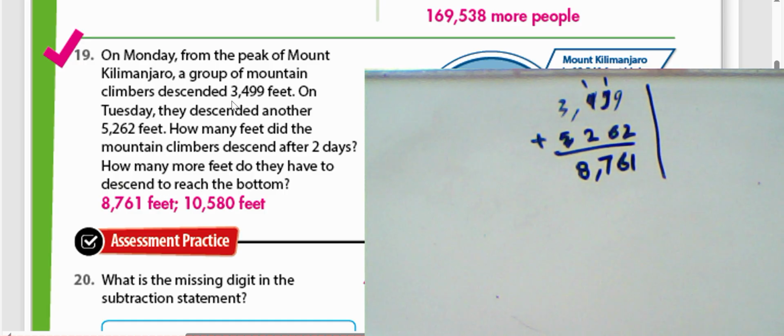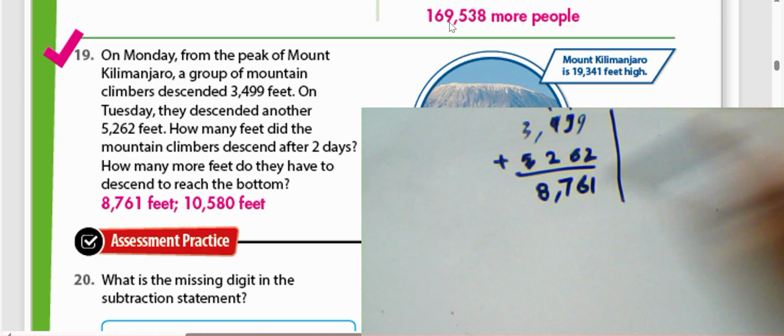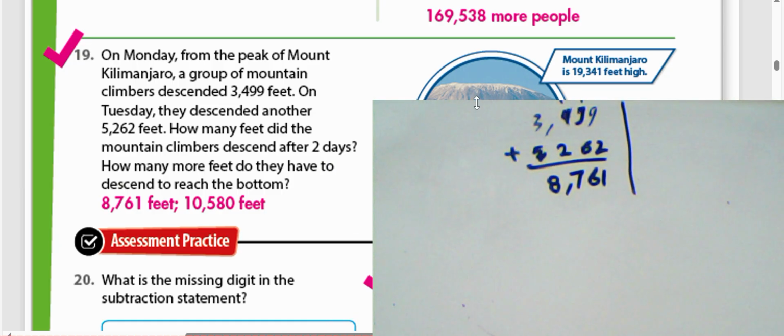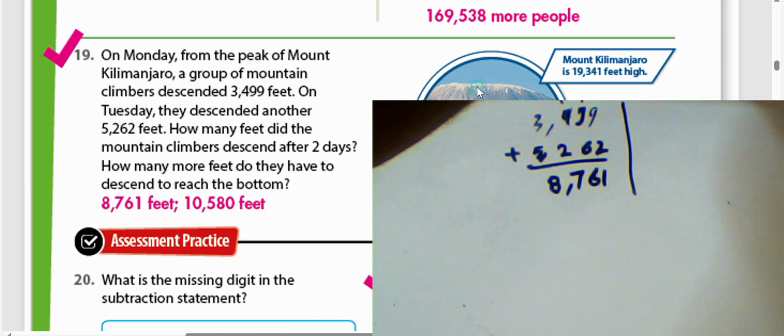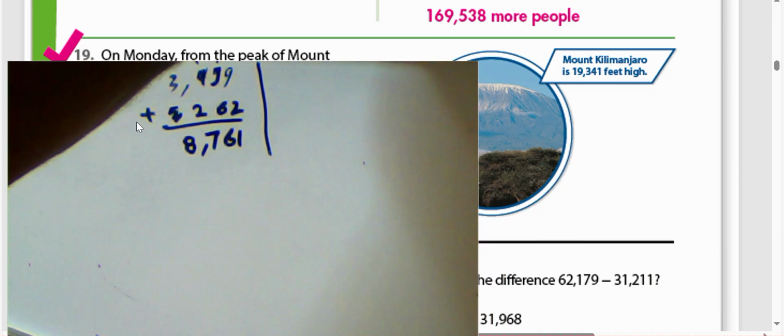Okay, we can find the difference between two numbers. We can find the difference between this number and the bottom here. The bottom here, from the top to the bottom of the mountain, was 19,341. Okay, we can find the difference between two numbers to find the result.